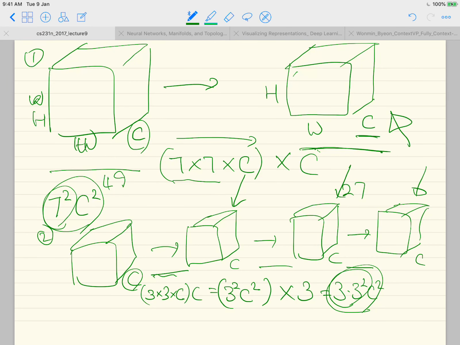Okay, so back to this VGG case. We can understand that having more opportunities to introduce nonlinearity will give us more opportunities to selectively squash some regions so that we can provide a better separability to the next layer.